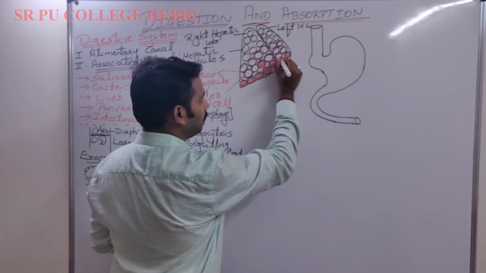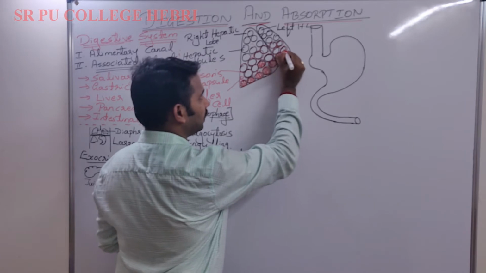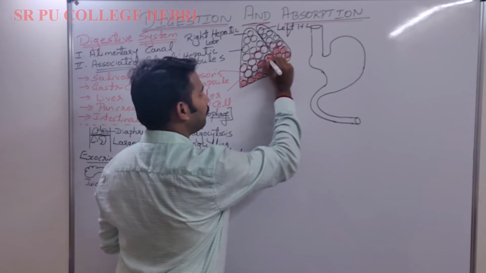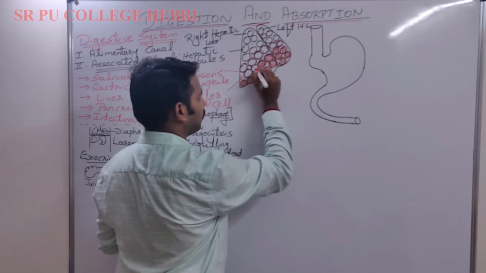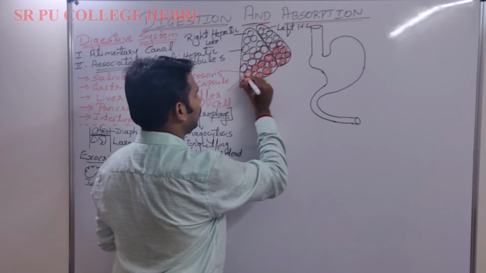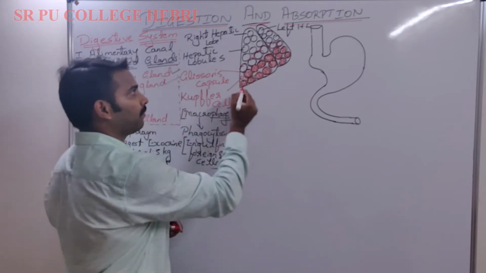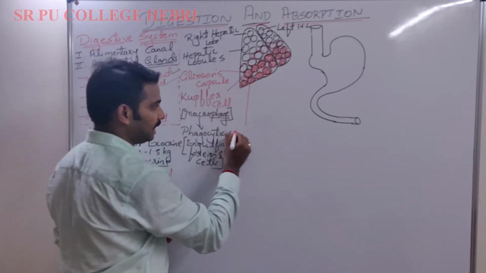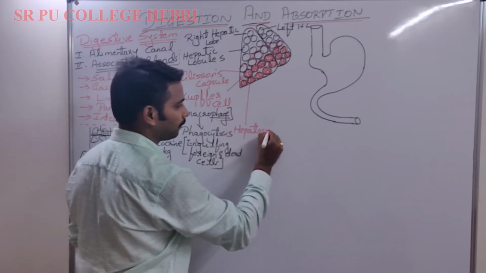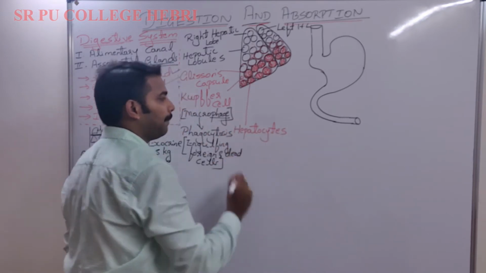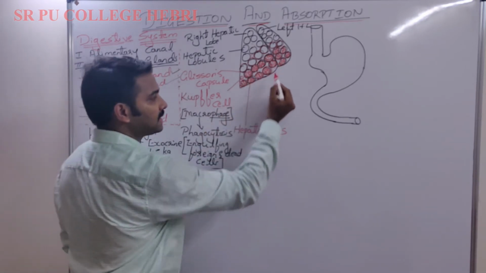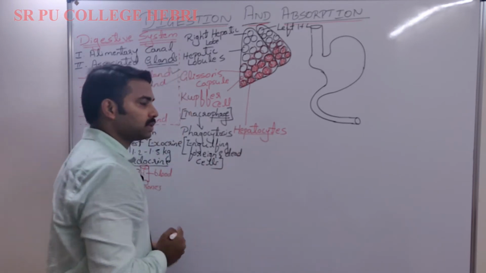Brain is made up of brain cells, which are called neurons. Likewise, the cells of the liver, these cells are called what? Hepatocytes. Okay, each lobule is made up of cells of the liver called hepatocytes.